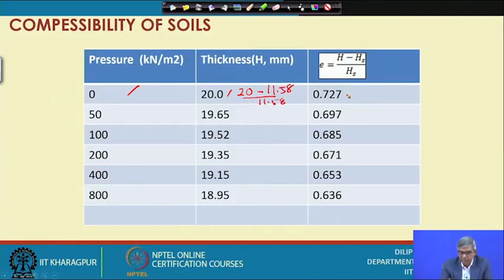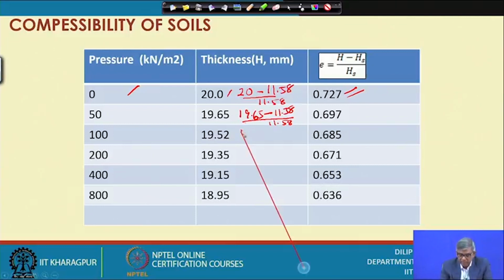If you do this calculation, you will get the void ratio equal to this. Similarly, it is 19.65 minus 11.58, where 11.58 is constant everywhere, divided by 11.58. If you calculate, you will get 0.697.